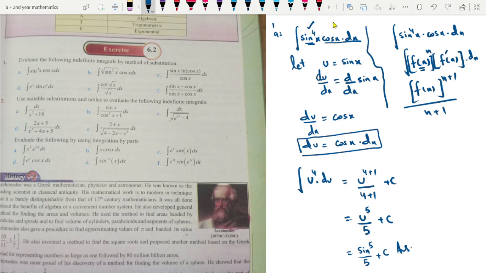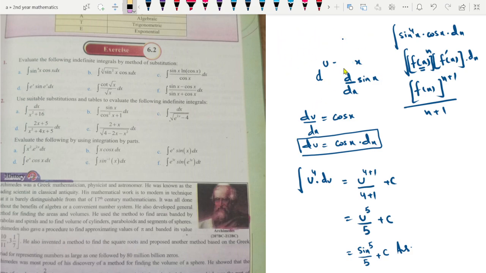Here this is f of x and this is f prime of x.